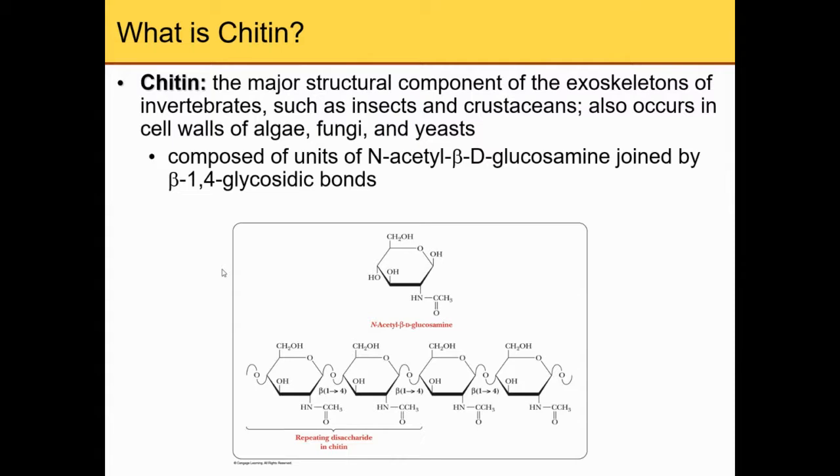And then the major structural component of the exoskeleton of invertebrates is chitin, right, in the insect. So you have N-acetyl beta-D-glucosamine, right, like this. They join by the beta 1,4 glycosidic bond.